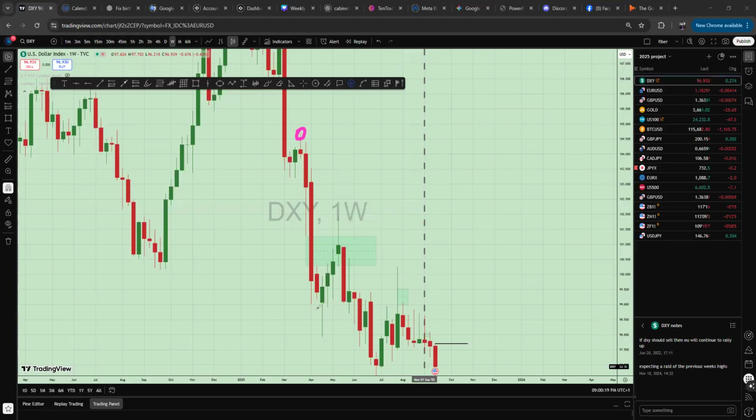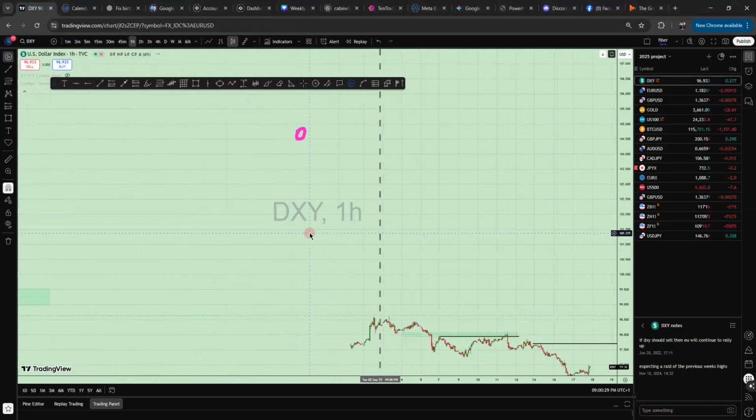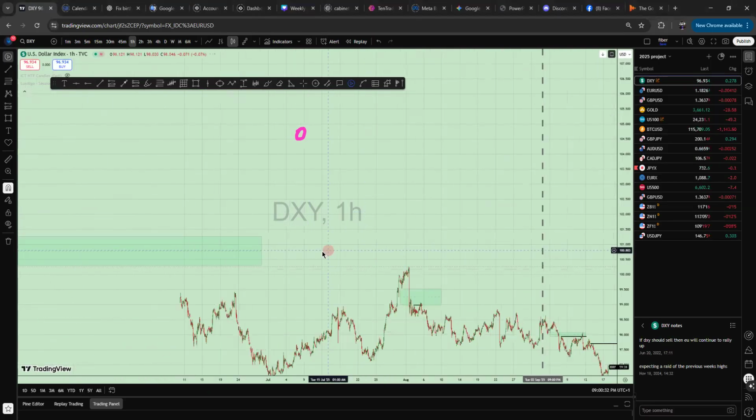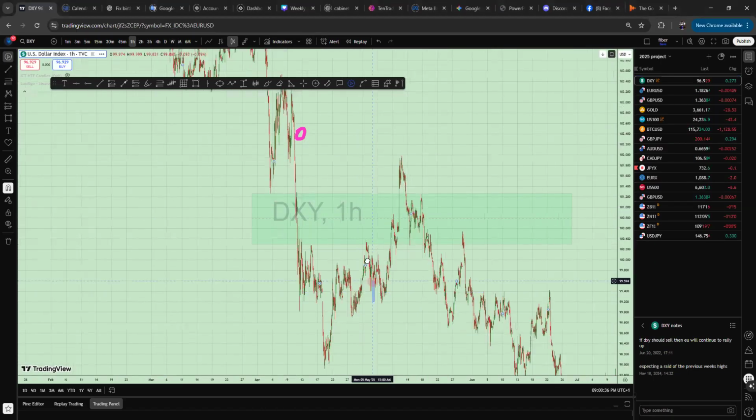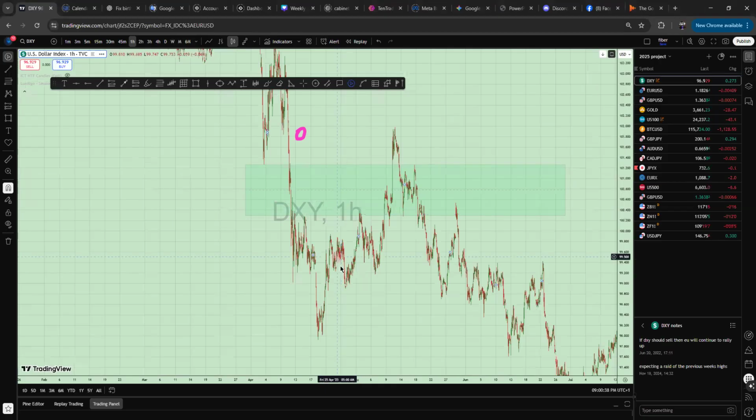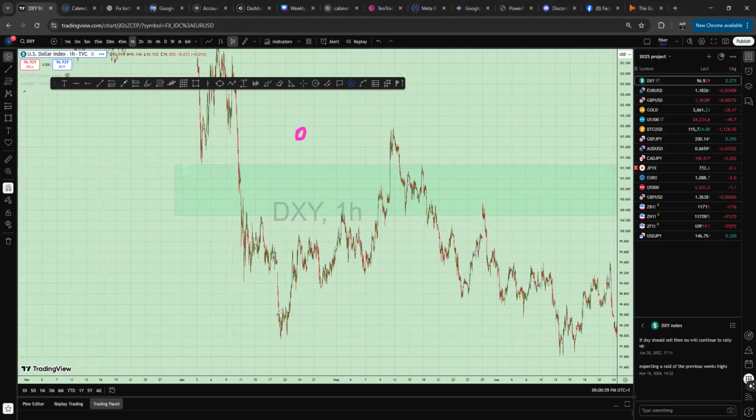Now, you understand that this pullback, which is happening on the weekly, is going to give us a bullish structure when we go down to the lower time frame. Let's look at it on the 1 hour. Beautiful. This is the area here. This is the fair value gap that we're having, and you can see price was on a downtrend.